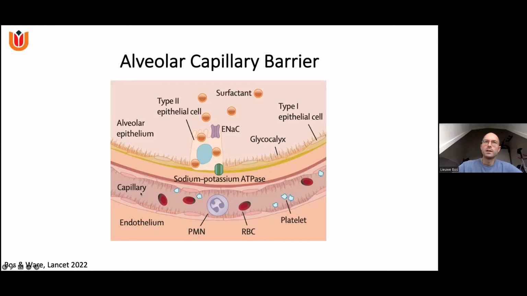And normally the distance between the capillary surface and the alveolar space is kept as small as possible to allow for exchange of gases as smoothly as possible. And of course, this is important in breath analysis as well.